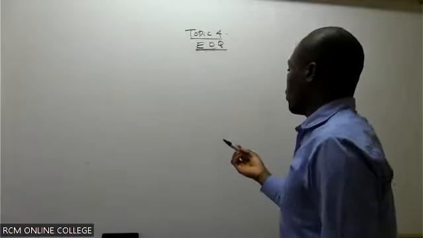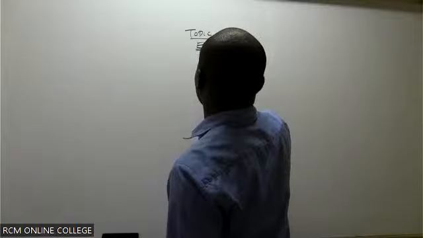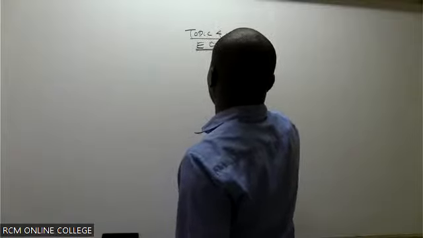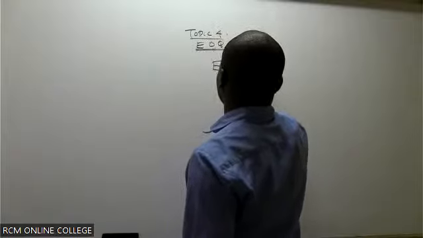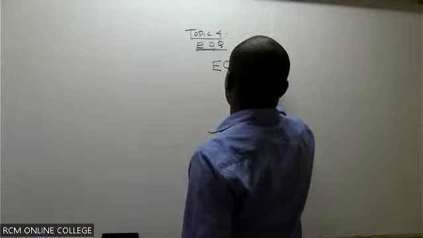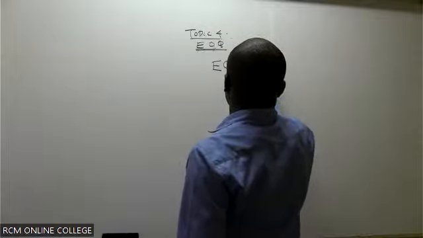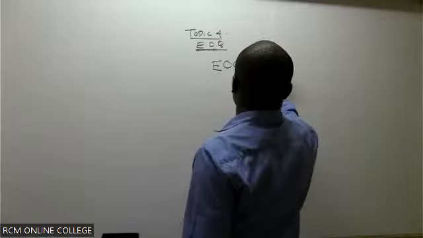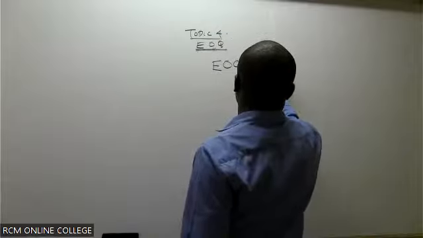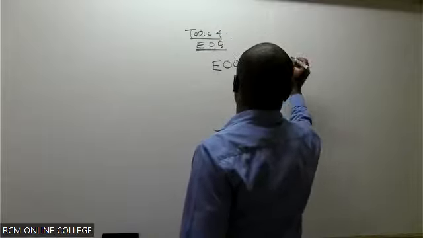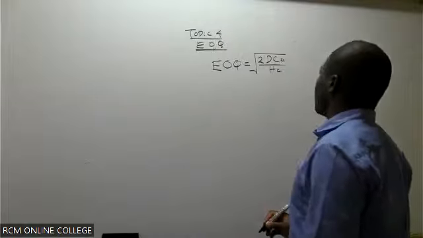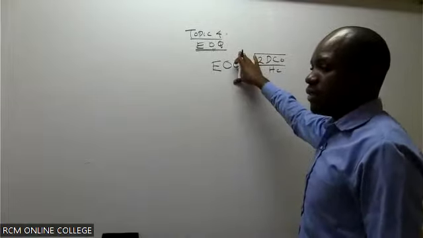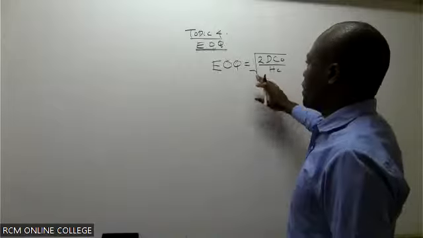So here, the economic order quantity is equivalent to root of 2 demand times ordering cost divided by holding cost. So someone is already wondering, how do we arrive at this particular economic order quantity as a concept?